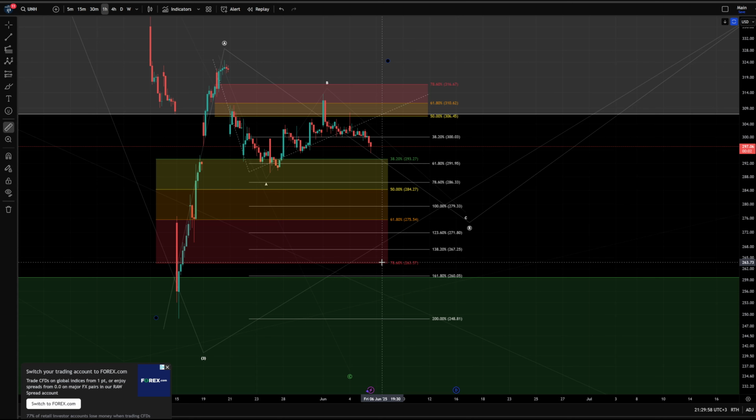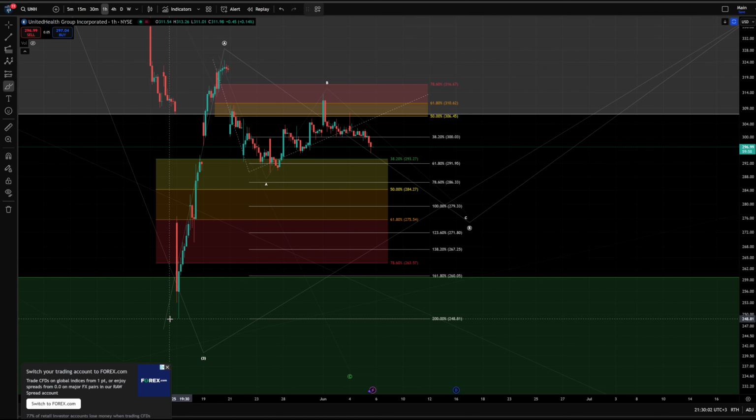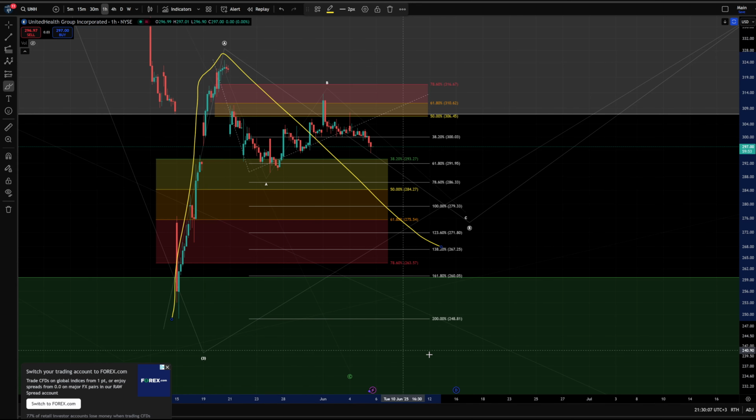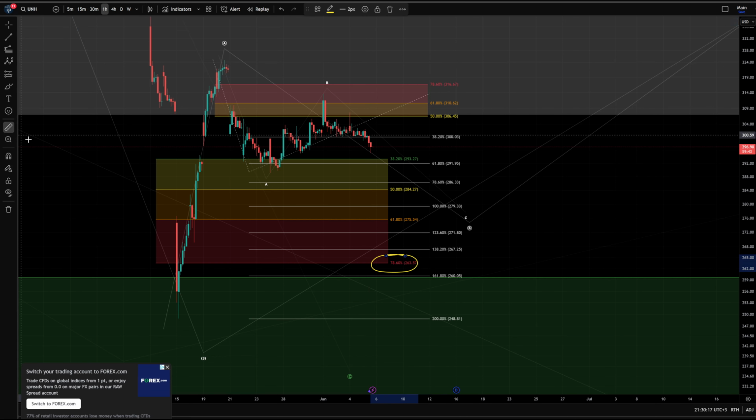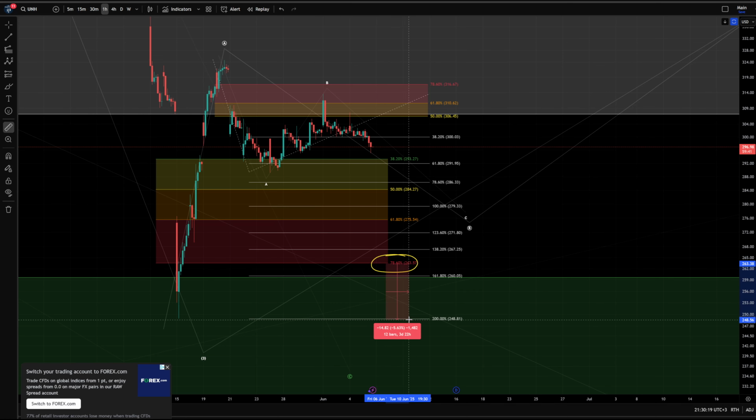And why is that good? Well, it's because you know the invalidation point for this scenario, this A, B, or 1, 2, is here, $249. Well, if you enter here at the 78.6% retracement, what do you have until complete invalidation? Like 5.5%.